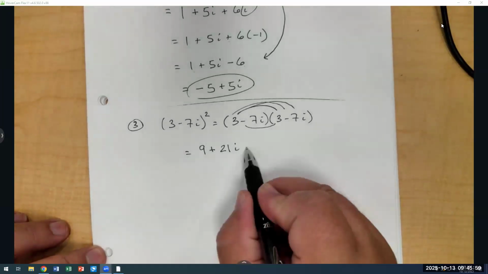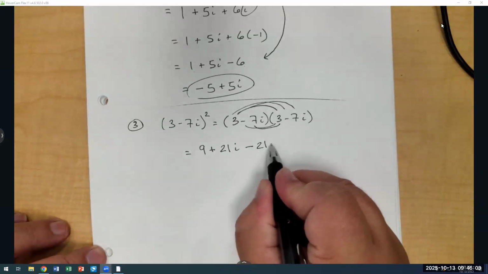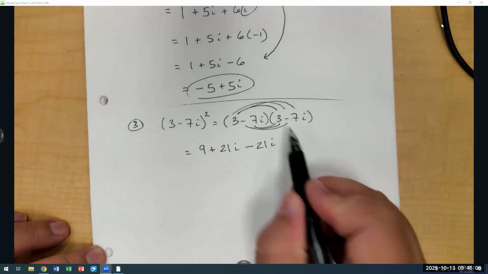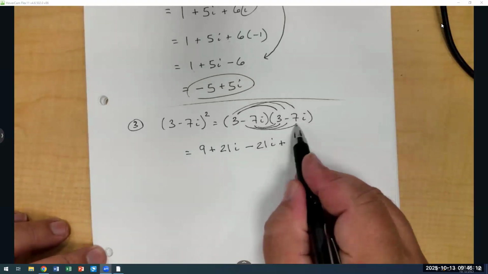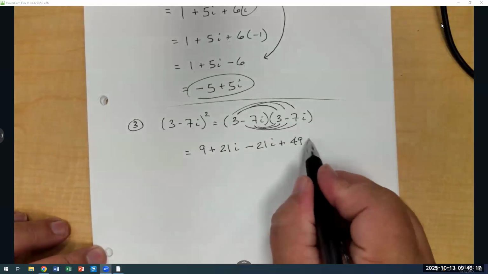Negative times positive is negative. 7 times 3 is 21i. Negative times negative is positive. 7 times 7 is 49. i times i is i squared.